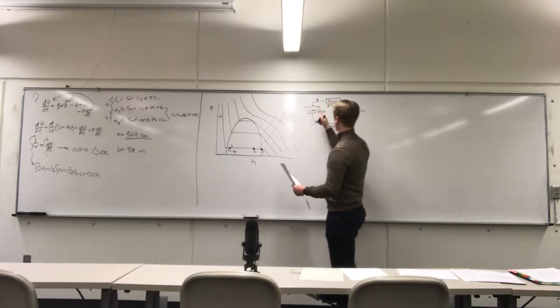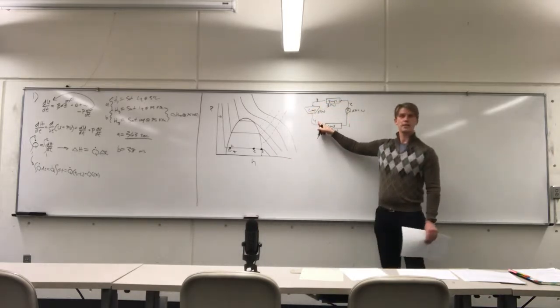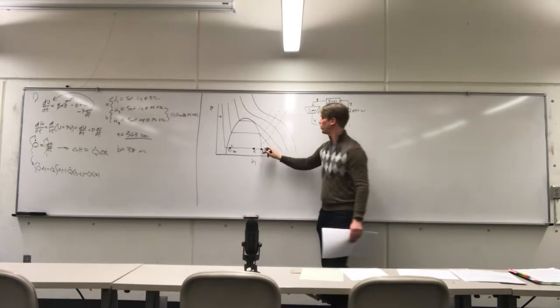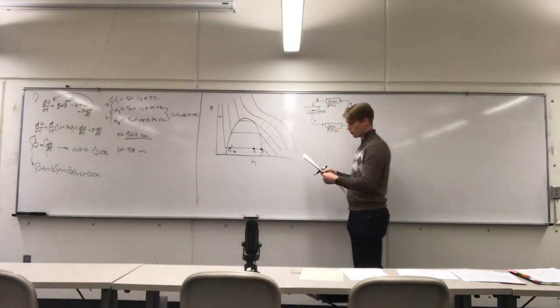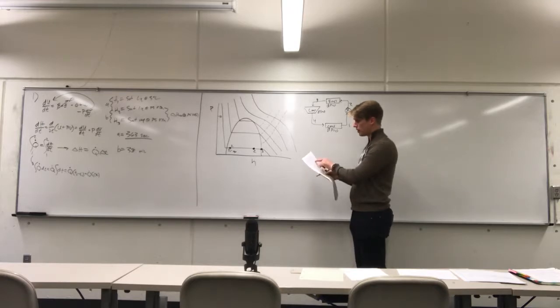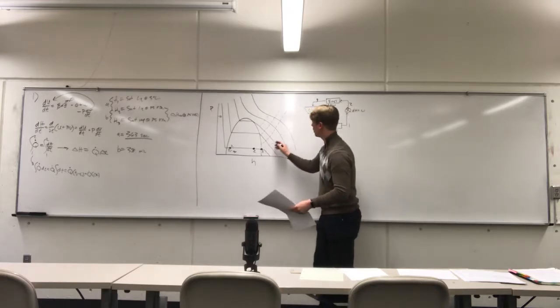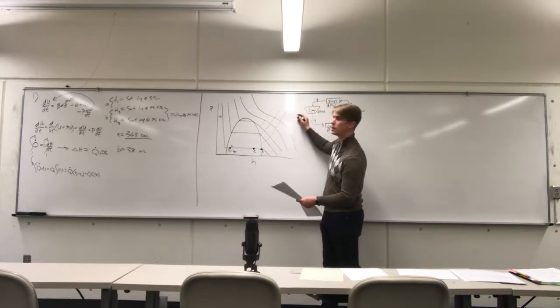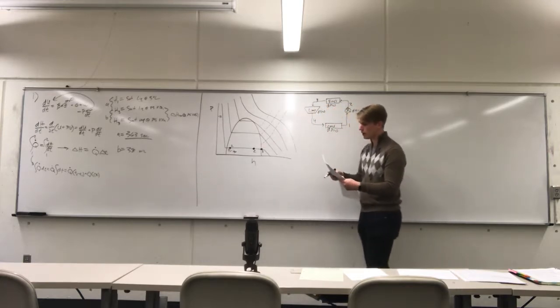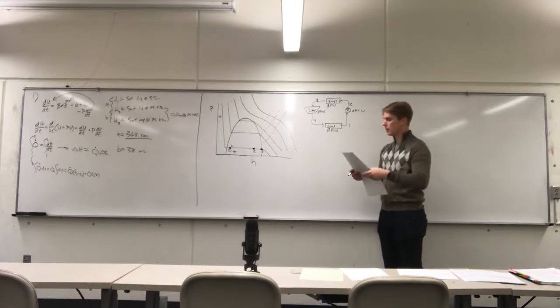Now moving forward, going from step 3 to 4, this is isentropic, which means we are following along a line of constant entropy. So we're going to be somewhere along this dashed line here at constant entropy, because this is an isentropic compression, but we don't exactly know where to stop.